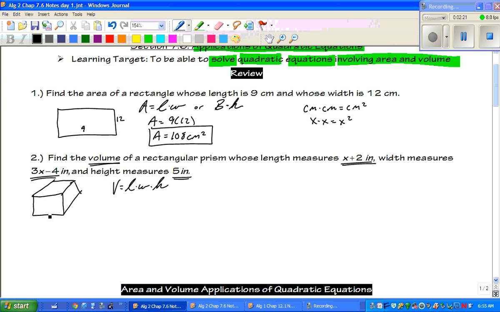So we know that the length is x plus 2. We have 3x minus 4, and the height is 5. So let's go ahead and plug everything in. Remember, it doesn't matter what order you plug the numbers into.